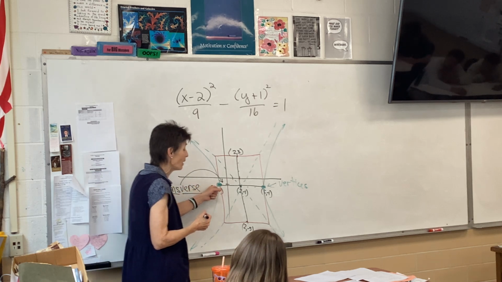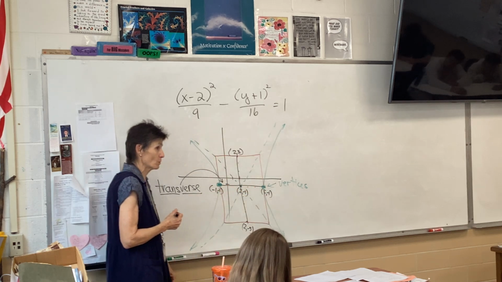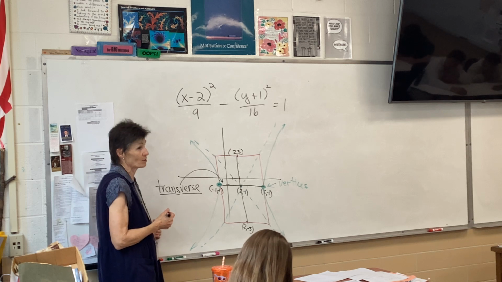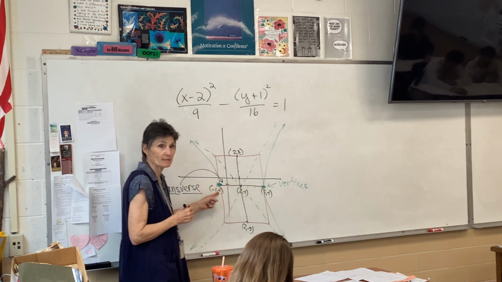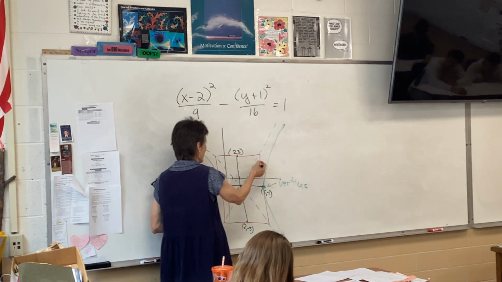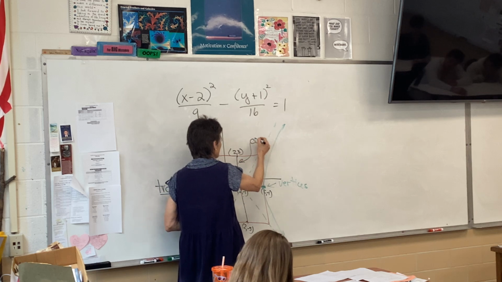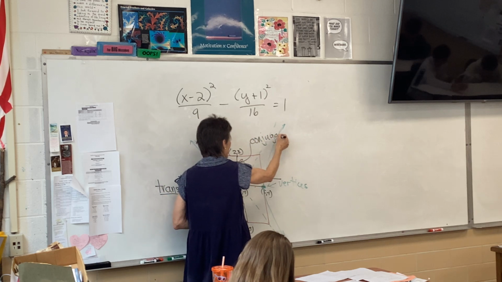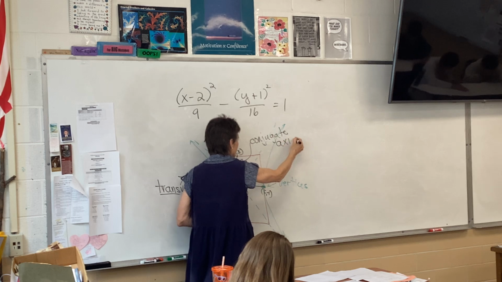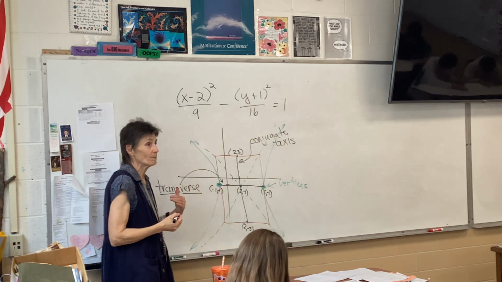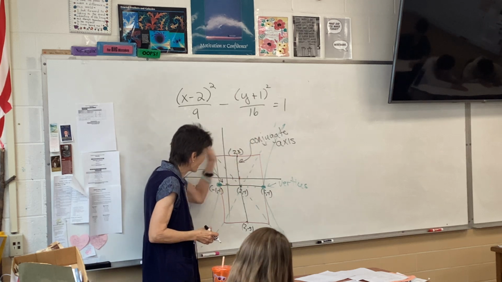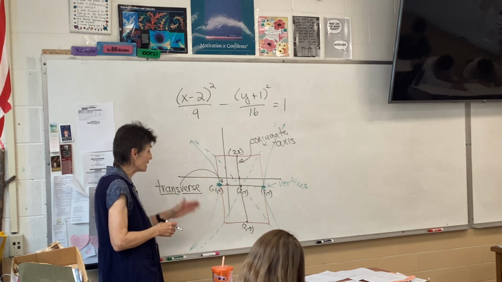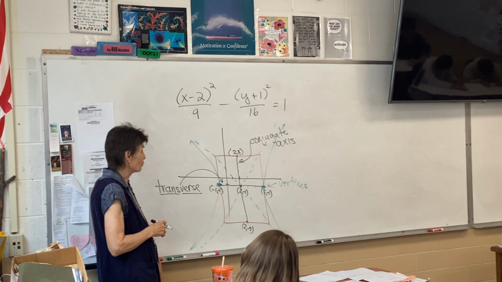So this is the one that connects the vertices. It is the important one, but it doesn't have anything to do with length. It has to do with which one joins the vertices. This other axis is called the conjugate axis. And its purpose is simply to help you build the box so that you can put in your asymptotes and sketch your curve.